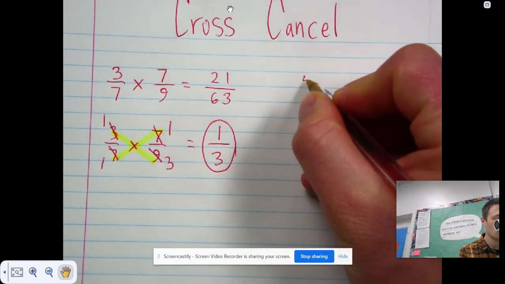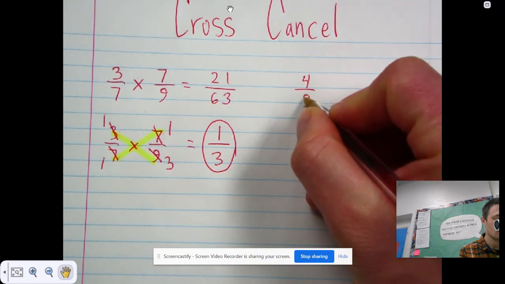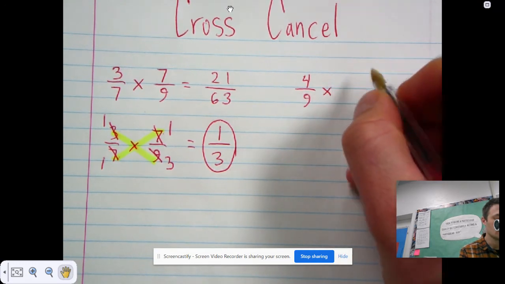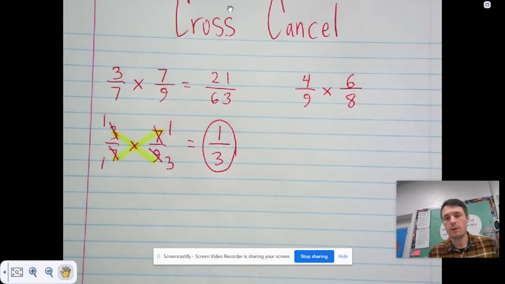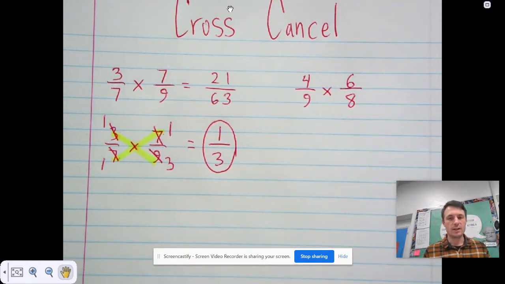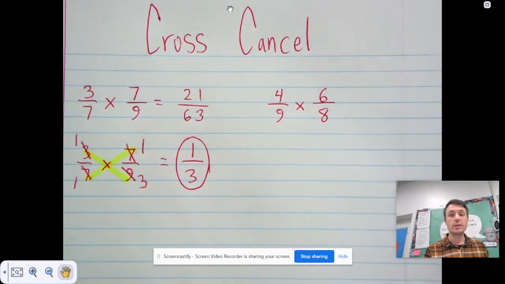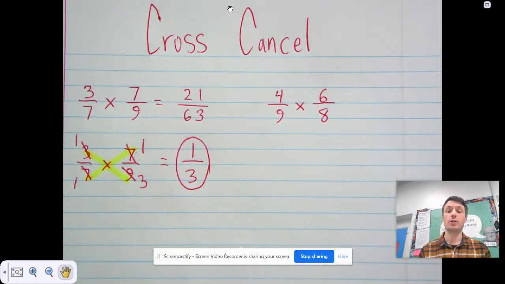Let's do 4/9 times 6/8. Okay? Now, what is cross-canceling? Cross-canceling is a way to simplify your answer before you even multiply to find your answer. And it's a lot easier because you're working often with smaller numbers.